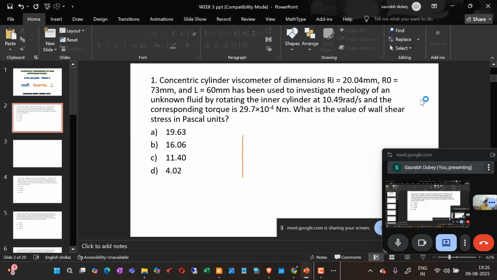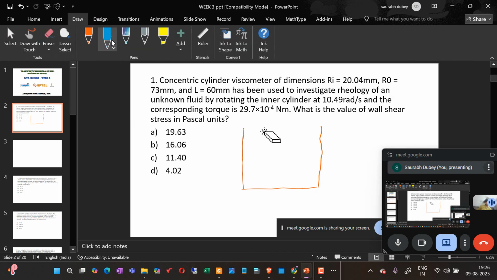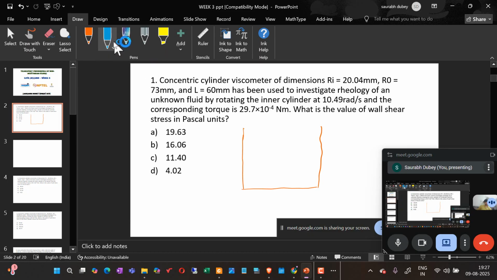So suppose this is the outer cylinder, and the inner cylinder I am drawing with blue color. Let me just have blue color. How can I fix it? Eraser, I just want to, yes. So this is the inner cylinder, right?